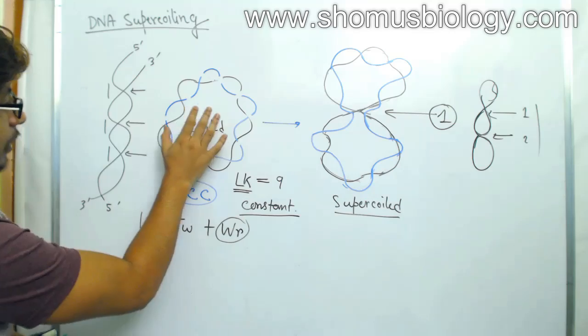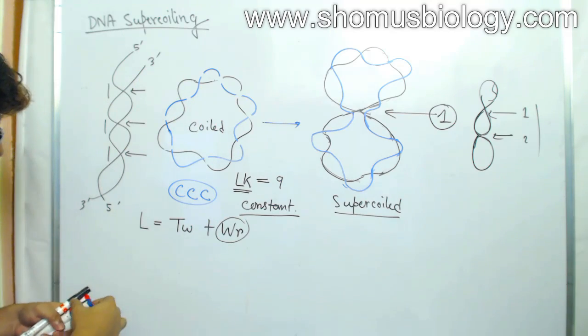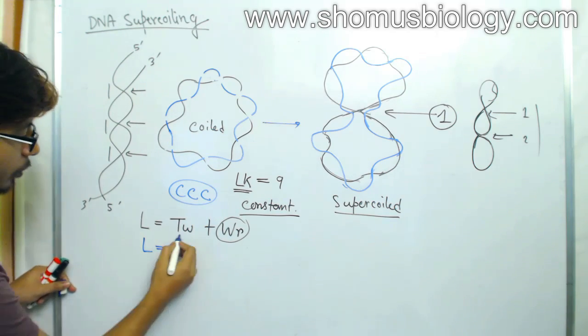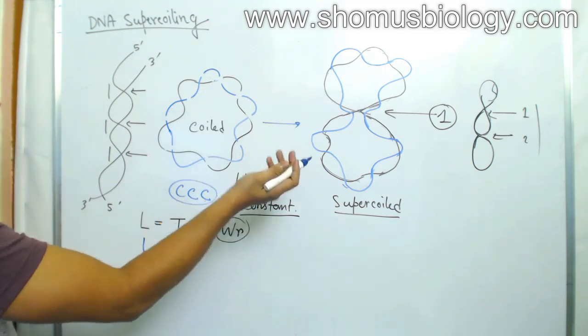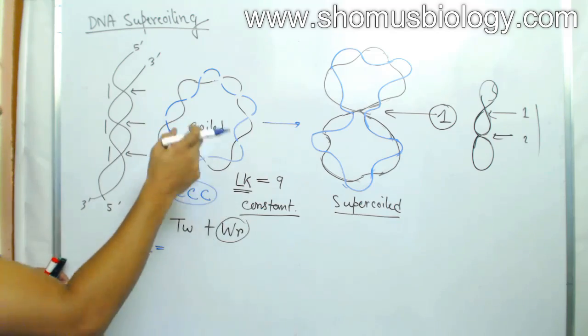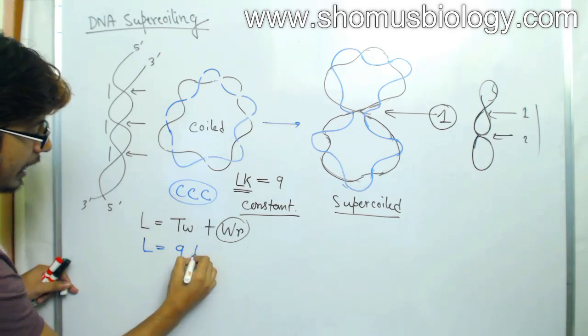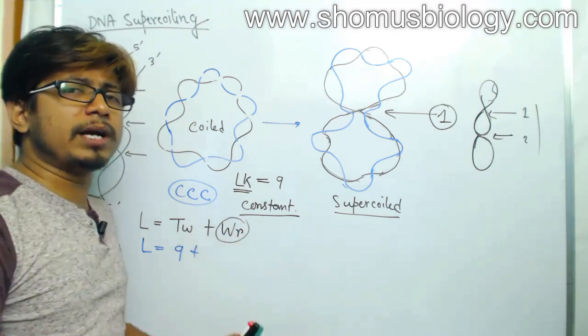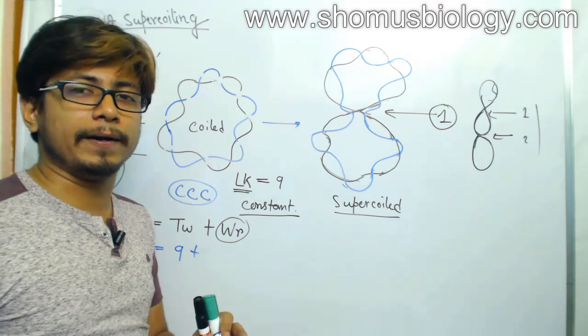So if you look at this picture of a relaxed state of the DNA, what we can tell is the linking number equals twist. In this case, twist, if you calculate the number of times a single strand crosses another, is also 9. And there is no writhe. A structure without writhe means the DNA is not supercoiled.